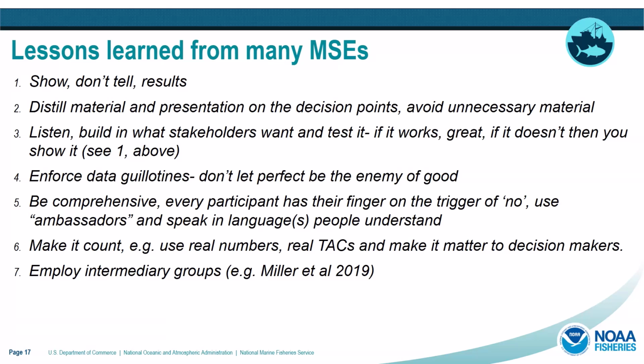Once they're asking for meetings, you've got their attention, they understand it, and they're going to keep asking more questions until they get all of the information they need to make a real decision. And oftentimes those real decisions are difficult because they involve making real compromises, which is what we are asking them to do. And then employ the intermediary groups, which is really an essential process to being able to bridge the different components of the MSE ecosystem.